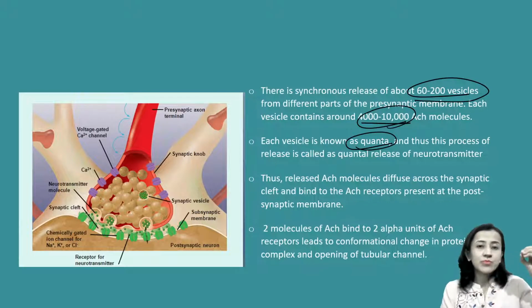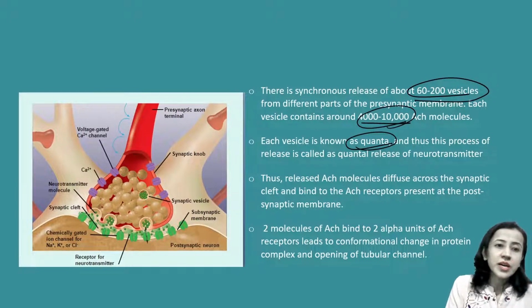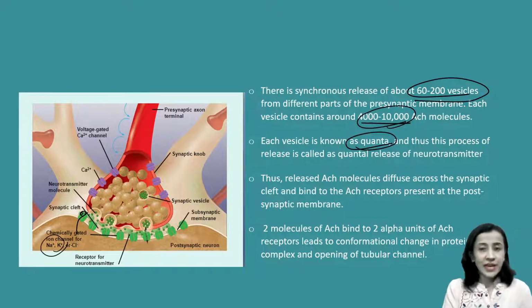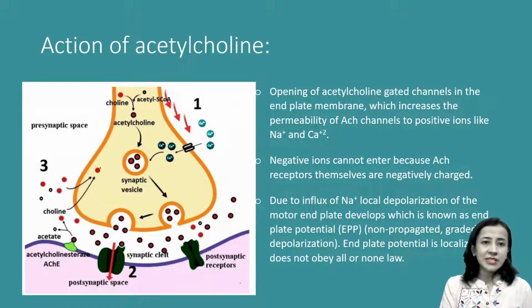Suppose one action potential comes, then this many vesicles and this many molecules of acetylcholine are released, and they enter the synaptic cleft. And when two molecules of acetylcholine bind with this ligand gated channel, it causes opening of the channel and entry of sodium ions. Fine. So this is about your first step: arrival of the action potential, calcium entry, and bursting of the vesicle.